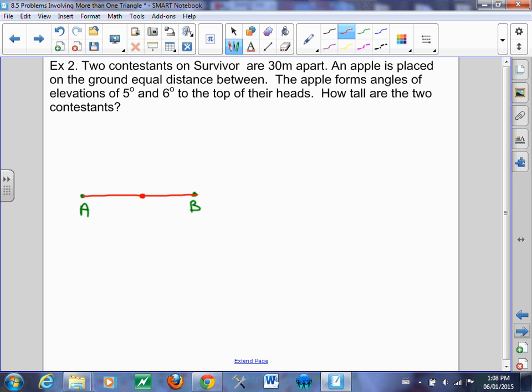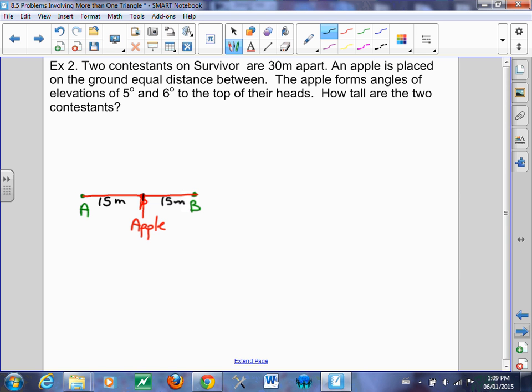Okay, so this is my apple. If the two contestants are 30 meters apart and the apple is located halfway, we know that this is going to be 15 meters and this is going to be 15 meters, where it splits there at the apple. Total of 30.